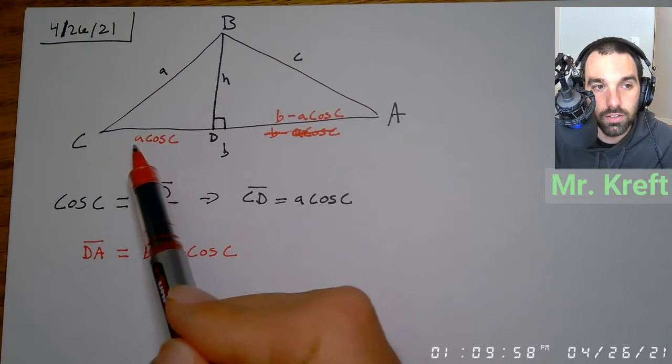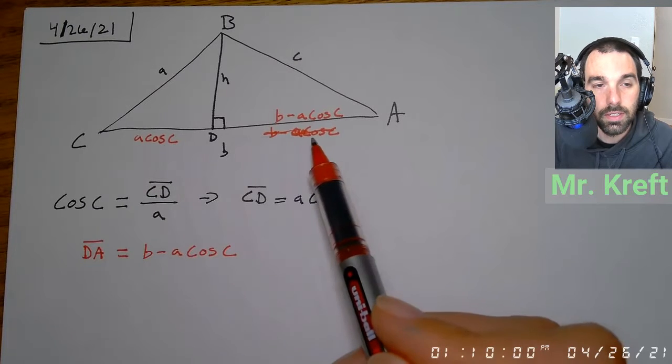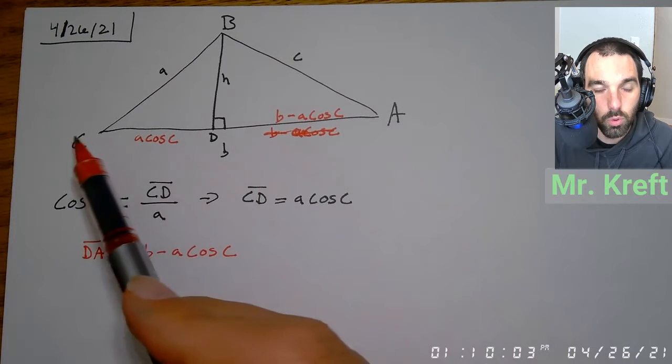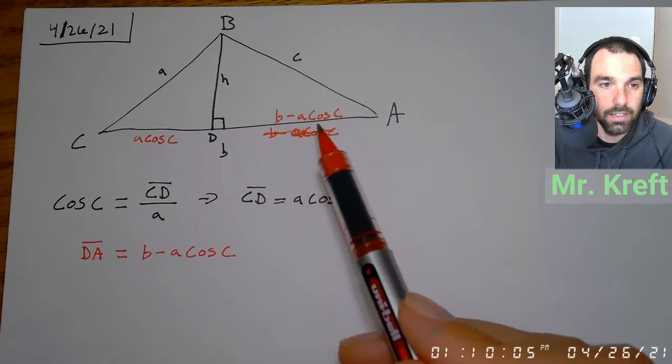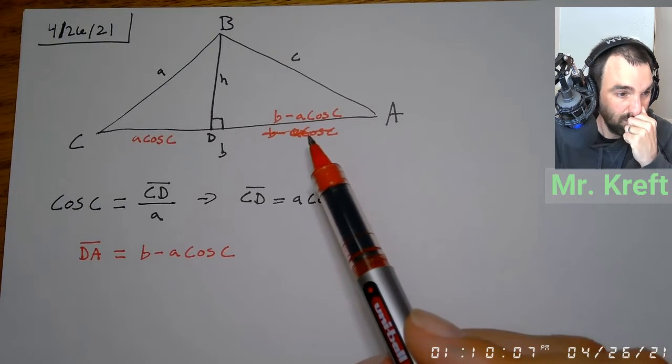We used the definition of cosine to say this is A cosine of C. And then this side, if this whole length is B, would be B minus A cosine of C.